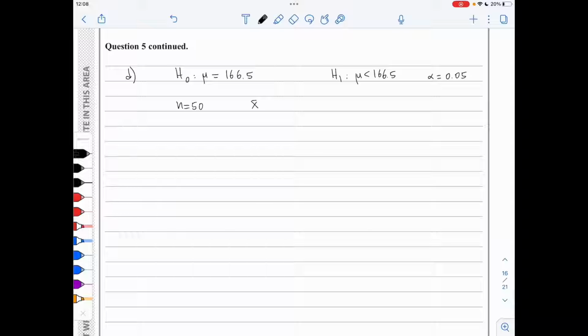We have obtained a sample mean of 164.6, and the standard deviation is known to be 7.4. Under H0, which means that if the null hypothesis is true, the random variable x bar follows a normal distribution with mean 166.5 and variance 7.4 squared over 50.